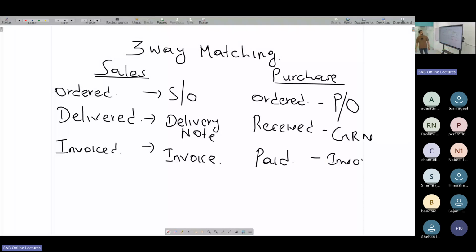So this is called three-way matching, sales and purchase.